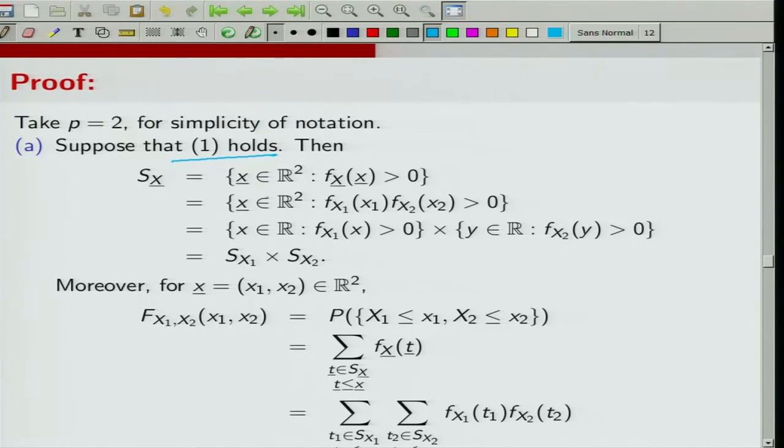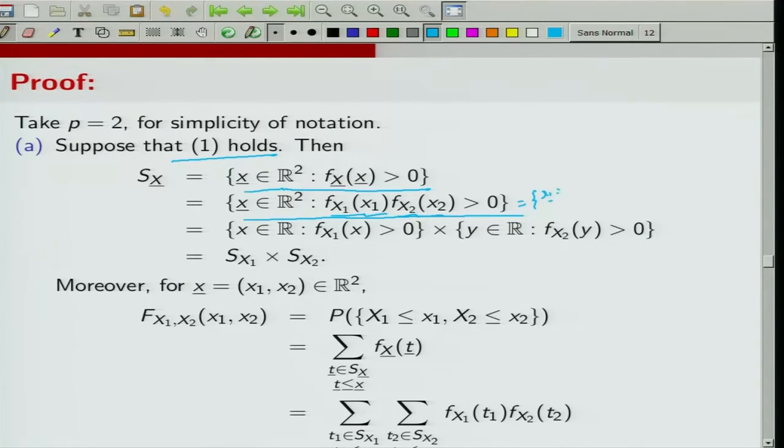So, S_X in that case is the collection of all those x belonging to R^2 such that f_X(x) is positive. But f_X(x) is the same as f_{X_1}(x_1) f_{X_2}(x_2). So, this is the collection of all those x belonging to R^2 such that f_{X_1}(x_1) f_{X_2}(x_2) is positive. But f_{X_1}(x_1) and f_{X_2}(x_2) are already non-negative quantities because they are probability mass functions. So, the product of 2 non-negative quantities is positive if and only if each of them is positive.